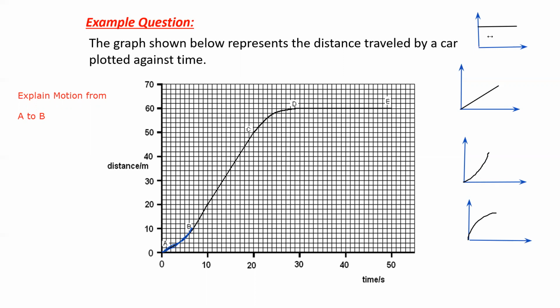This means the object is at rest, this means it's constant speed, this shows it is accelerating, and this shows it is decelerating. So from A to B, which shape does it match?